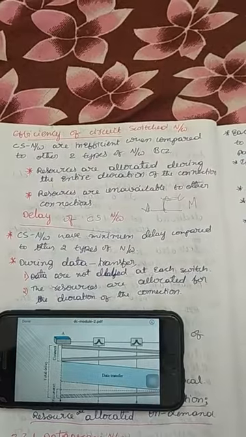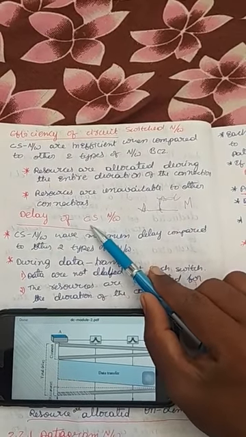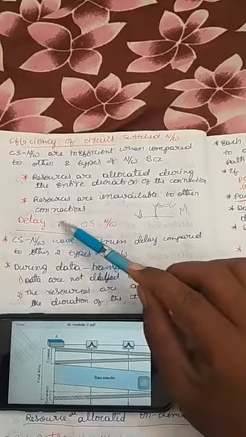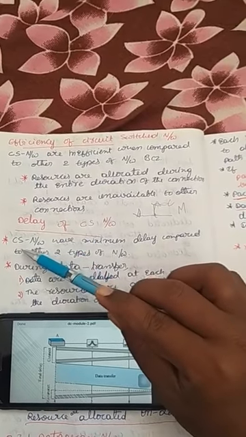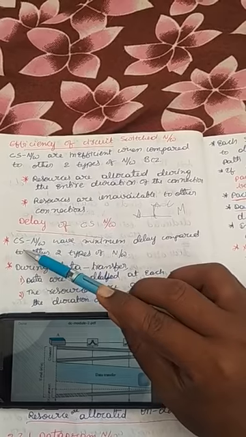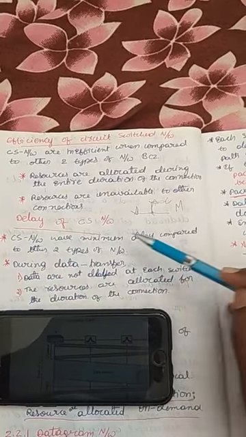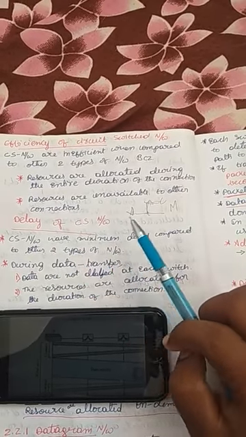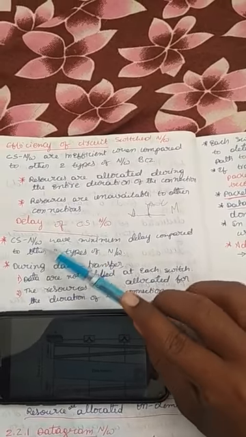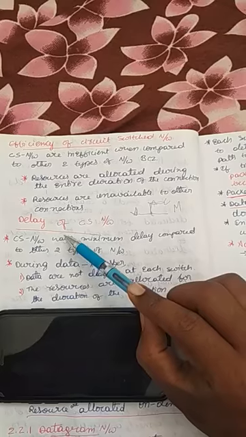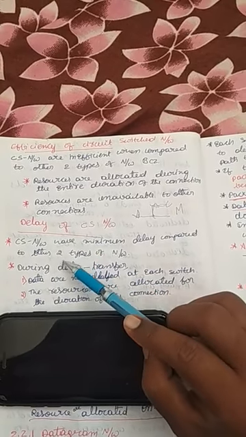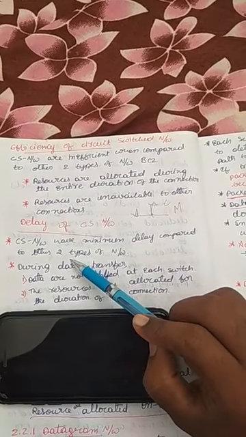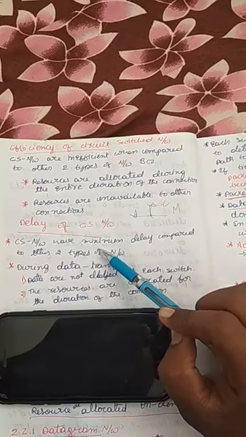Next one is the delay of CS, the circuit switched network. Delay means waiting time. A circuit switched network has minimum delay compared to the other two types of network, packet switch and message switch.